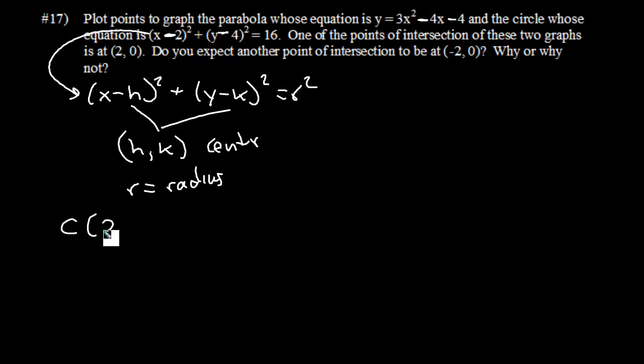Therefore, for this problem, the circle has a center of 2, 4, and a radius of plus or minus 16, but a radius is positive, so the radius is 4. So that part's pretty simple, in my opinion, but then again, I get paid to do this, so it should be simple for me.